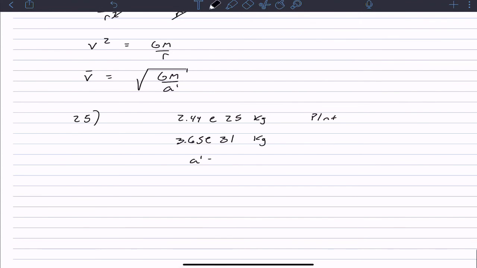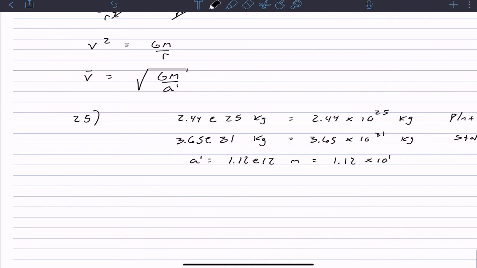And the mean distance was 1.12 times 10 to the 12 meters. If this notation is confusing, this is how you would write it in your calculator or in some calculators. This is our planet, this is the star, and this is the mean distance, 1.12 times 10 to the 12 meters.